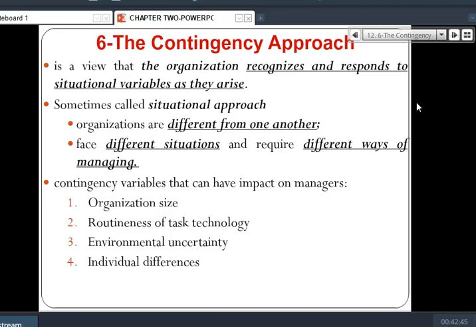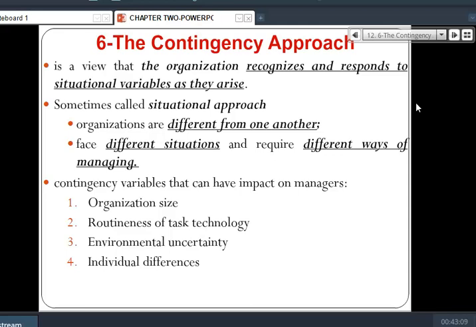Organizations differ from one another. They face different situations and require different ways of managing. Each company has different ways of thinking and managing.